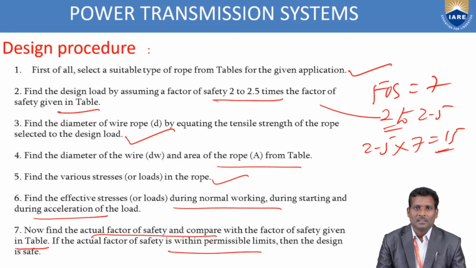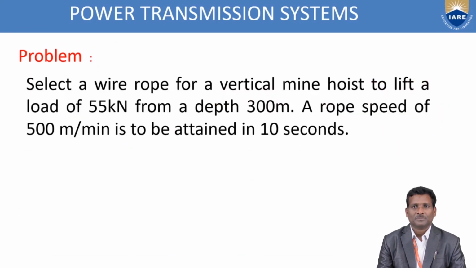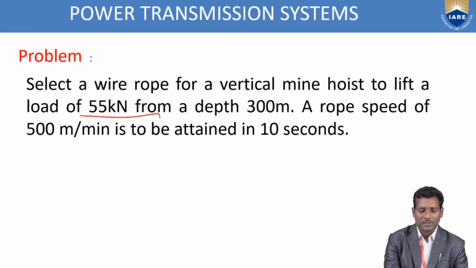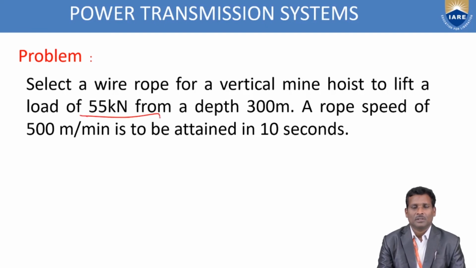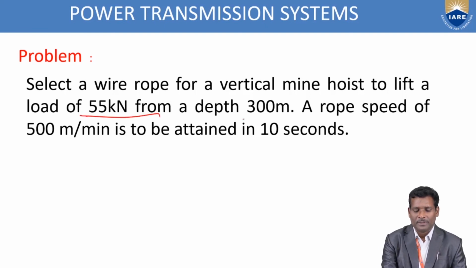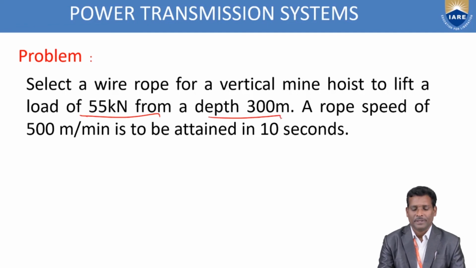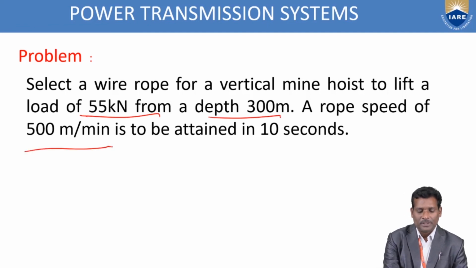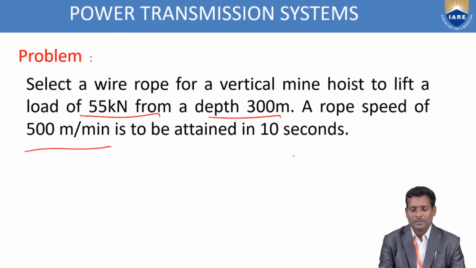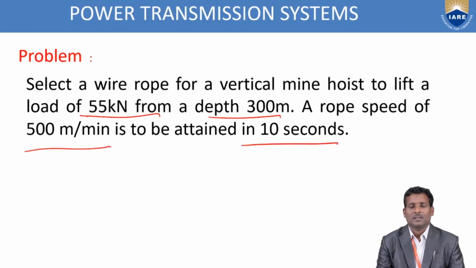So like this, this is how to solve a wire rope design problem. We will see one problem here. Select a wire rope for a vertical main hoist machine to lift a load of 55 kilonewtons, so your total load is 55 kilonewtons, for a depth of 300 meters. The rope speed is 500 meters per minute, and the time is 10 seconds.